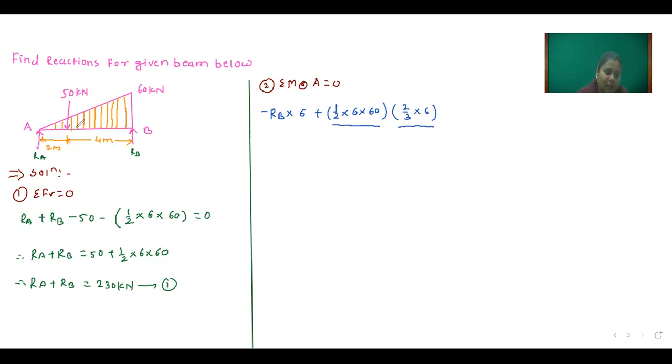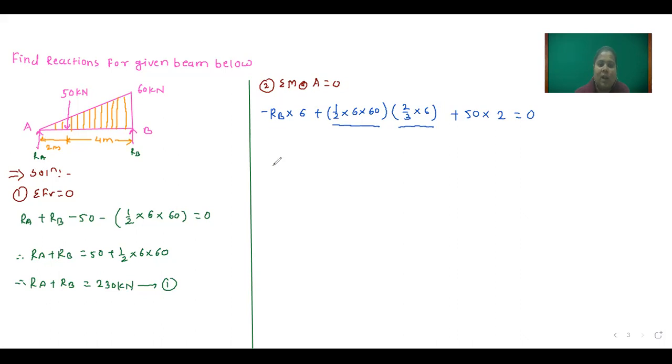Next force is 50 kilonewton. This creates a clockwise moment about point A, so plus 50 into perpendicular distance 2, equal to 0. Here I have not taken this RA force because the perpendicular distance of RA is 0, so automatically we get value 0. That's why I have neglected it.